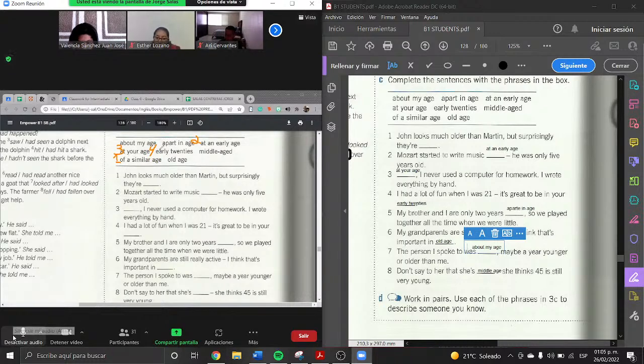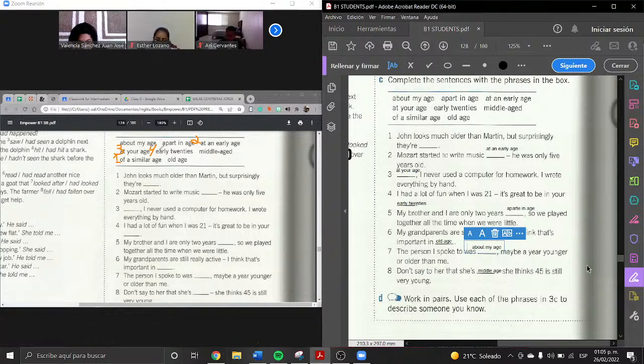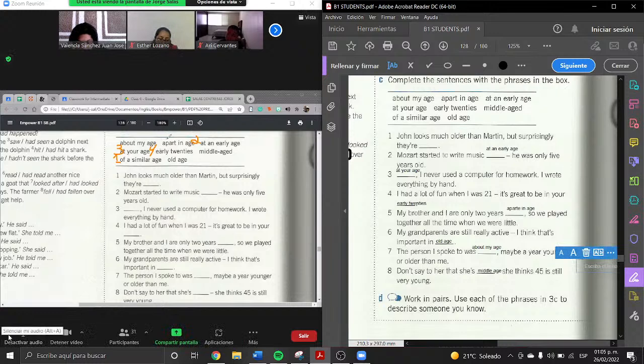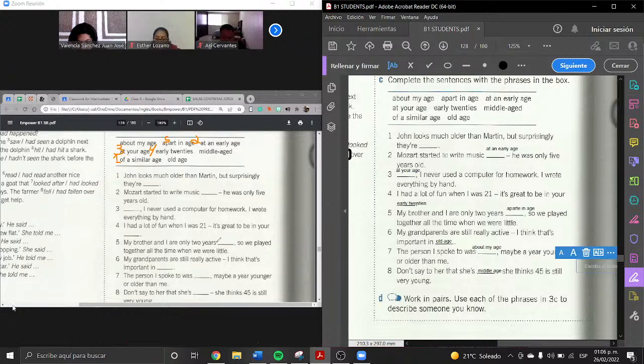My brother and I are only 2 years apart in age. Apart in age, meaning that is the difference. So this is number 5. My grandparents are still really active. I think that's important in old age. Old age. This is number 6.